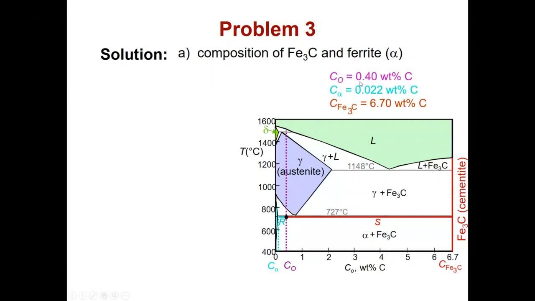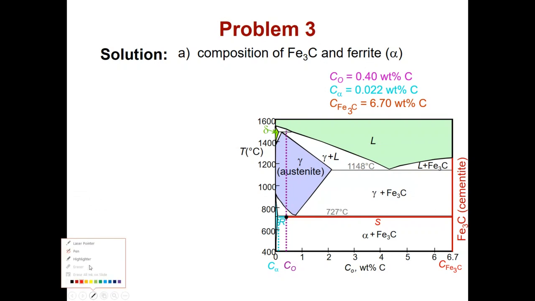For this given composition, when we have got only 0.4 weight percent of carbon, we will have a maximum solubility of carbon in ferrite, which comes to 0.022% of carbon right here.